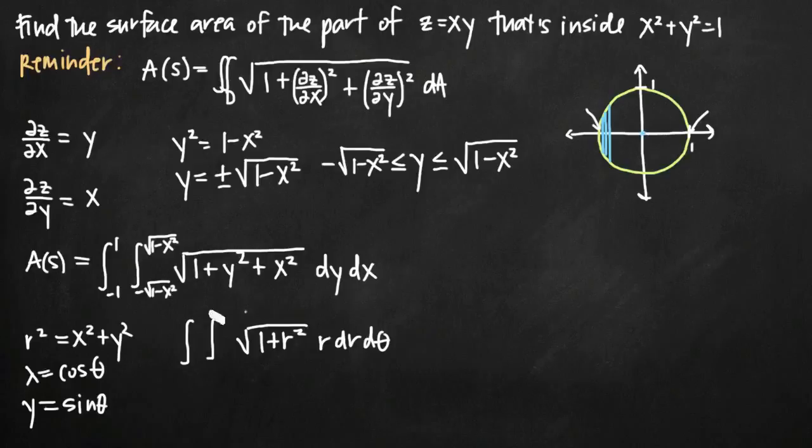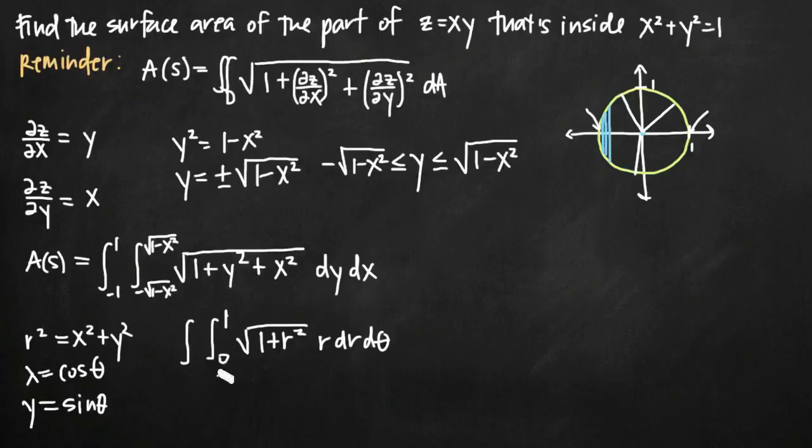So 0 is our lower limit of integration. Our upper limit of integration is the largest radius that is attained anywhere inside this circle. So how far out does r go in any direction? Well, in every direction that I go, the radius is 1. So the largest distance away from the origin is just 1.